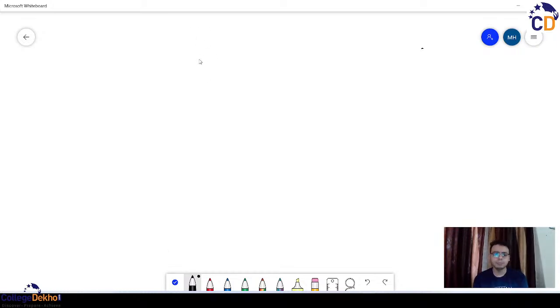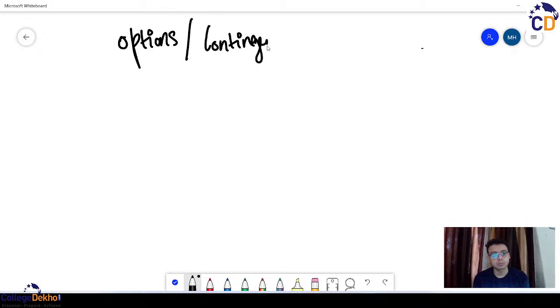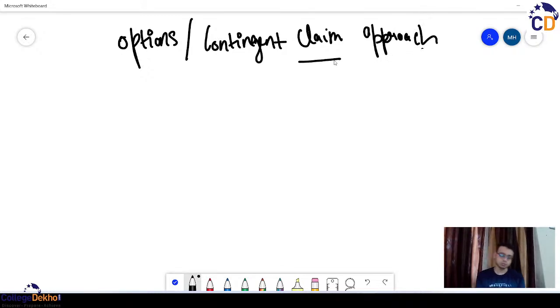एक approach like people talk about, they talk about the options approach. Or they call it the contingent claim approach. It's the same, the options approach or the contingent claim approach.